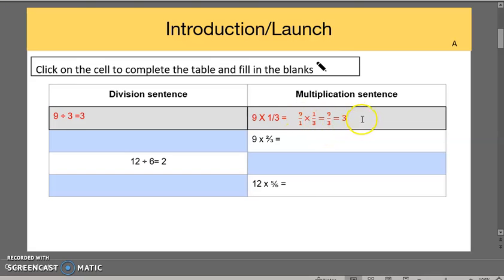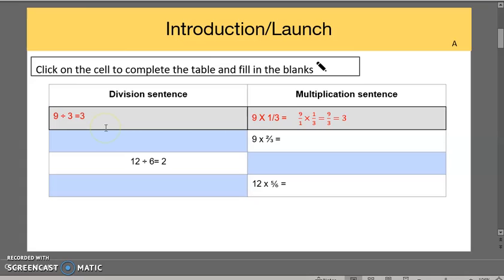When you do this in multiplying fractions, the numerator times the numerator goes on the top, the denominator times the denominator goes on the bottom. So here we have 9 times 1 equals 9, and 1 times 3 equals 3. Here we can also simplify it because 9 over 3, we can turn it into 3, and therefore we see that we have the same answer.